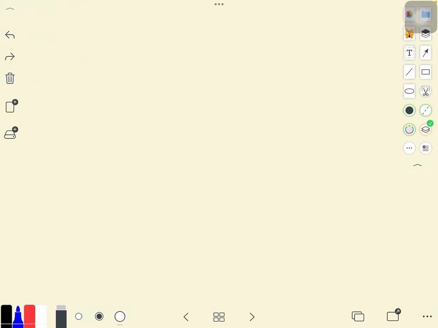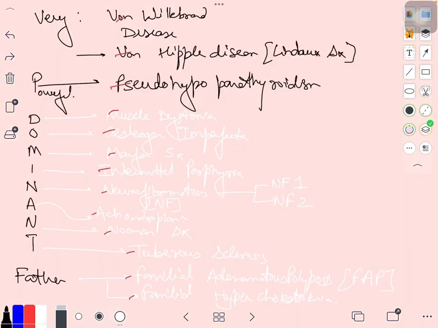However, I have divided them into different types of systems, according to which systems these diseases affect. First of all, we will try to complete all the diseases which affect the nervous system, all the major types.